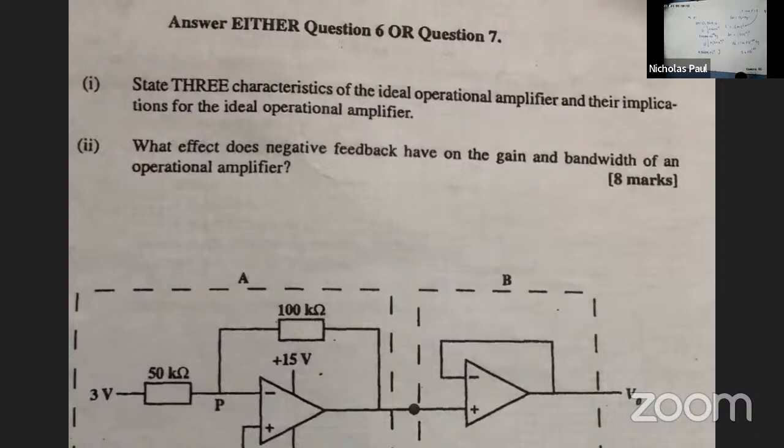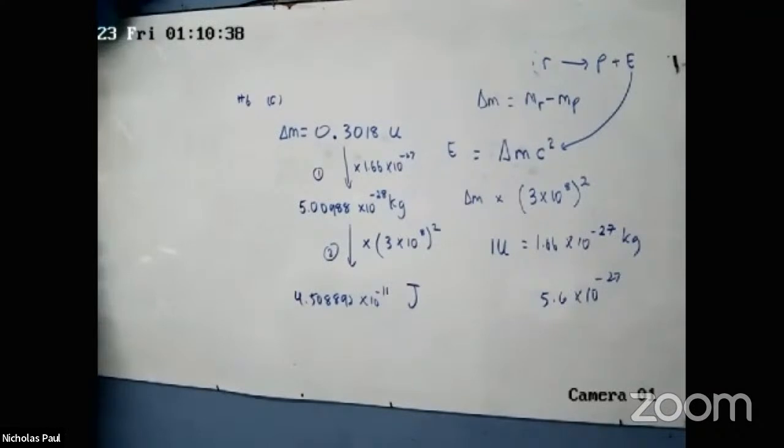Remember infinite open loop gain? The first property of the op-amp. Didn't you remember I gave a picture of the properties of the op-amp?